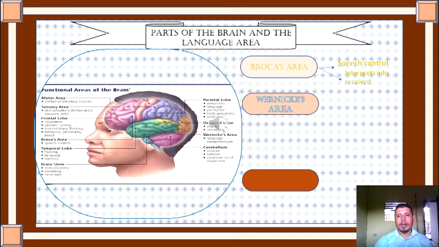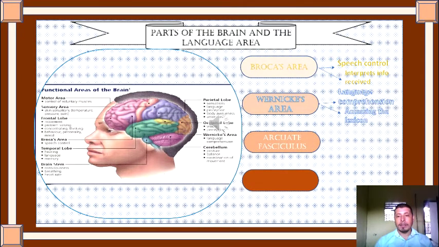And then we have Wernicke's area. In Wernicke's area, we have language comprehension. That is the part where we are able to understand, to decode that information, and process that information. Also, in Wernicke's area, we are able to access our lexicon to be able to have a response.